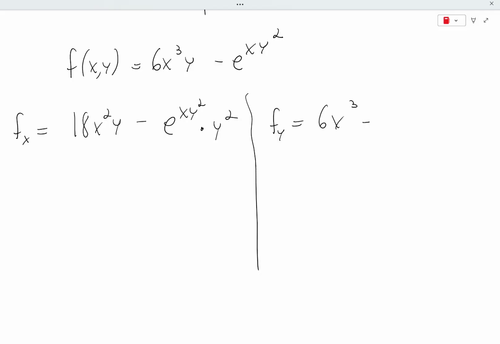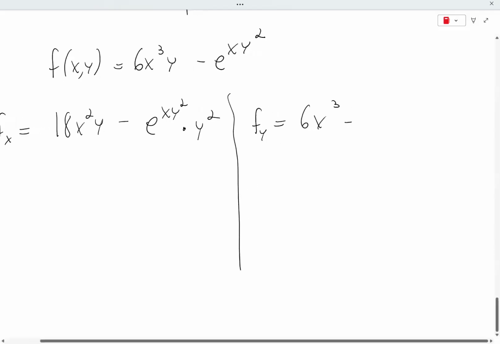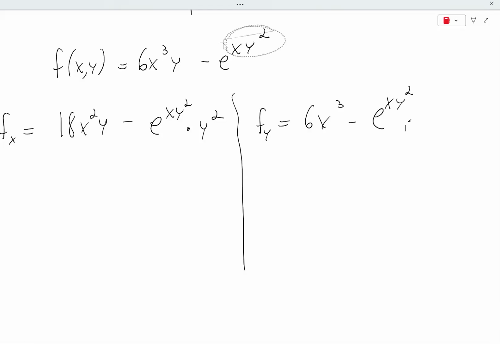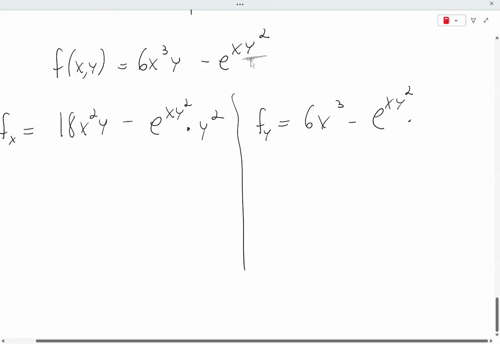I have to work my way through this next one. Take your derivative here. You have the e there, so it's going to be this again from the chain rule. E has its own derivative. Now I multiply by the derivative of this with respect to y, which is 2xy. Right, because you treat the x like a constant, and the derivative of y squared is 2y. So it's 2xy. So that'd be that one.